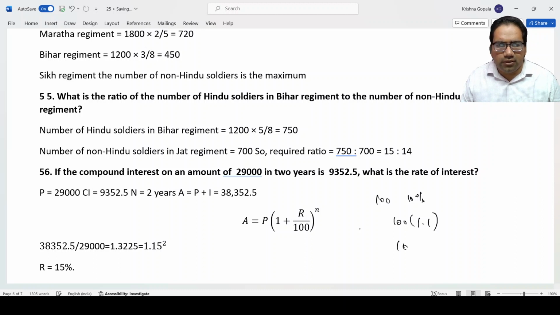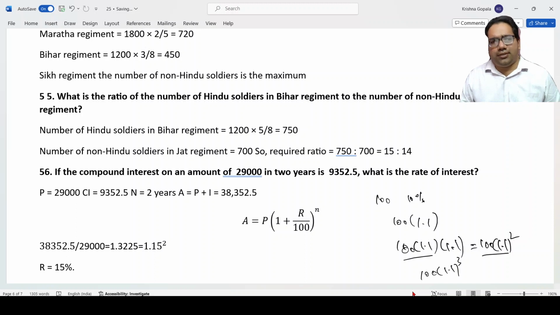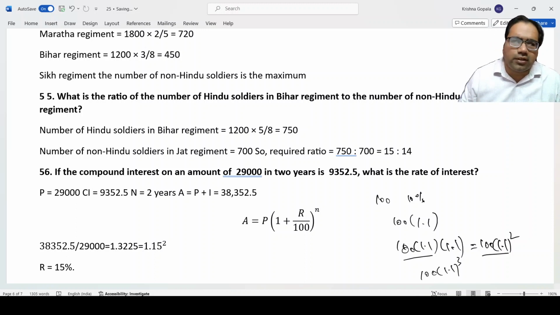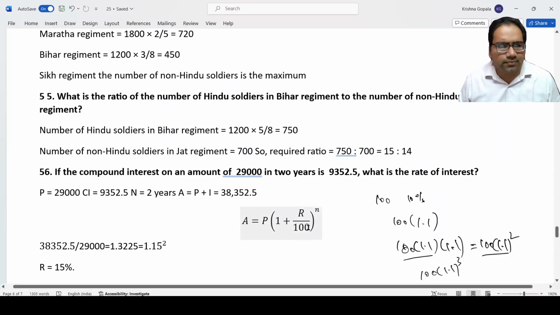Second year, it would be 100 into 1.1 into 1.1, because this becomes the principal for the second year, then another 1.1, which equals 100 into 1.1 square. Similarly, after the third year, this becomes the principal, so 100 into 1.1 cube, like this.